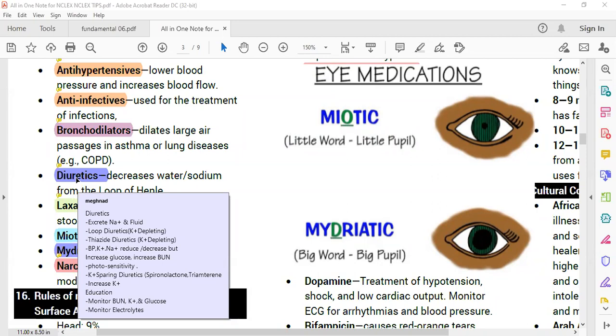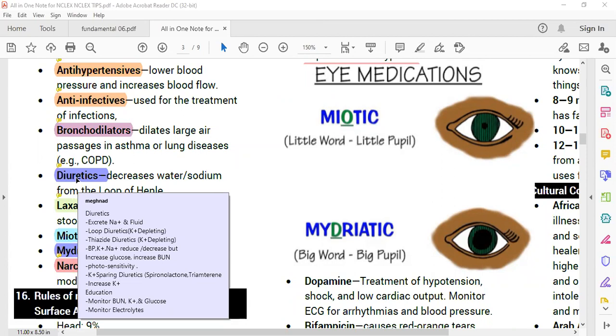They may cause ototoxicity, and the chance particularly increases when given with aminoglycoside. Loop diuretics are used for acute edema like pulmonary edema or chronic heart failure.